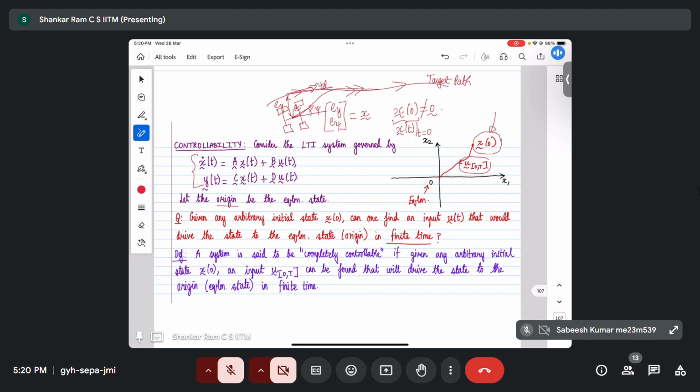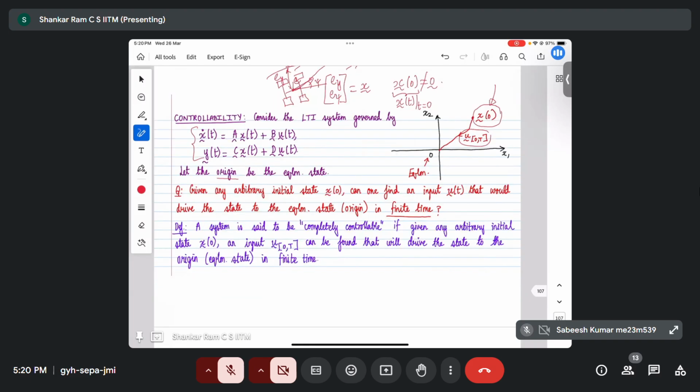The question is, can we find an input u which will take the initial state to the equilibrium state in finite time? So that's the notion of complete controllability.